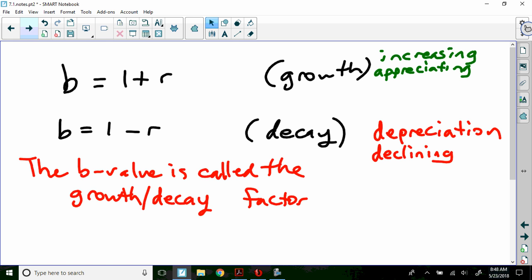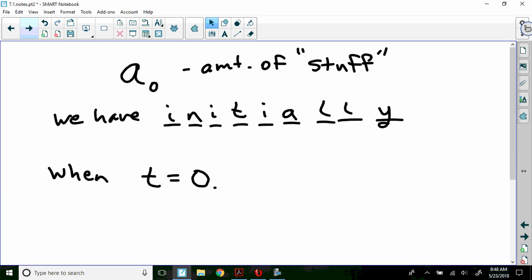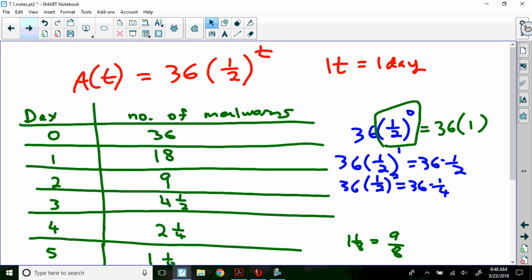So we're going to be coming back to this page because we're going to look at some application problems of both of these. We talked about the initial amount. It's when time equals 0 when we first begin the model. We looked at an example. We talked about a lizard, Starvin' Marvin, if I remember right. Starvin' Marvin started off with 36 mealworms.